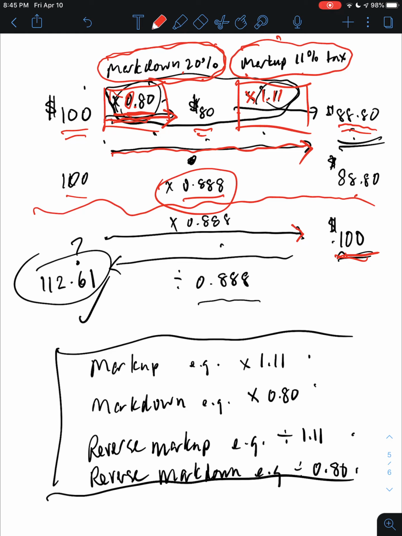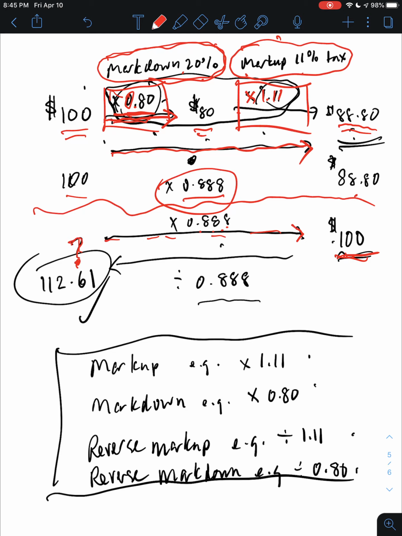This huge sale. I've got $100 burning a hole in my pocket. I want to spend as much of it as I can in the store. What is the highest sticker price? Well, that is an unknown, question mark. But I take that unknown and I multiply by 0.888, my magic factor, and I should get $100.